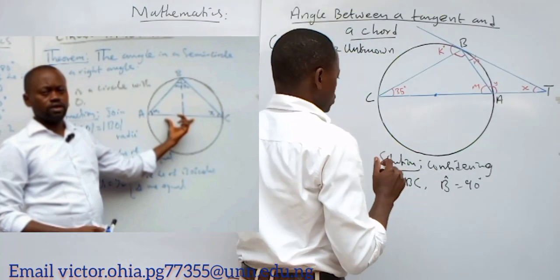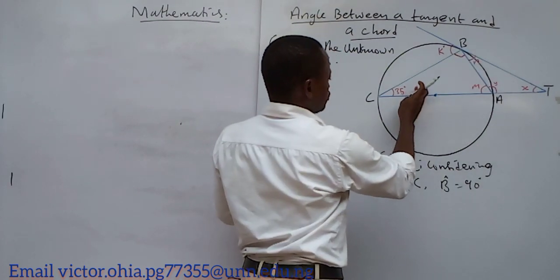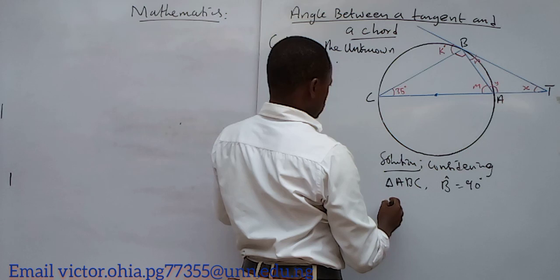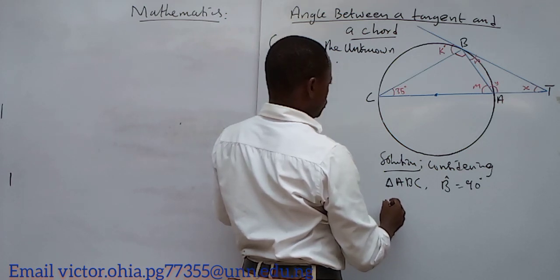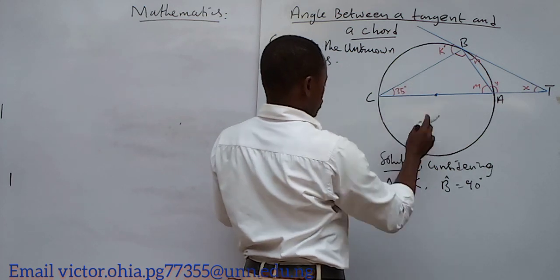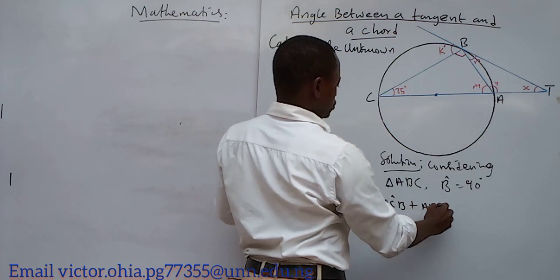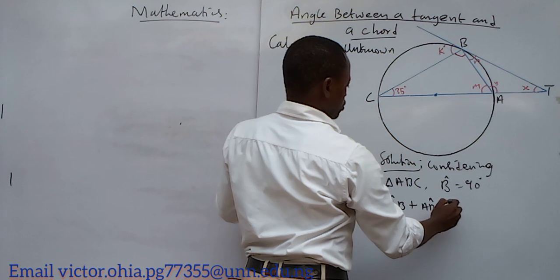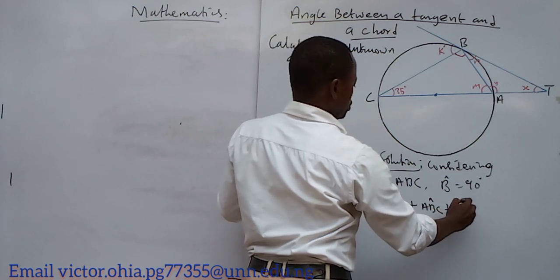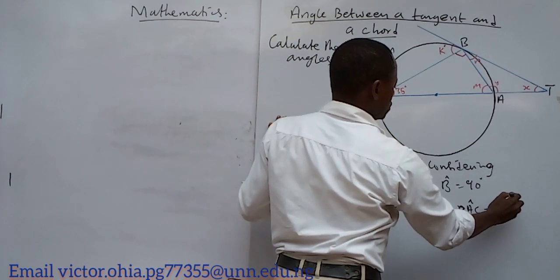So here, if this angle is 90 degrees and here 35 degrees, we can say that angle ACB plus angle ABC plus angle BAC is equal to 180 degrees.